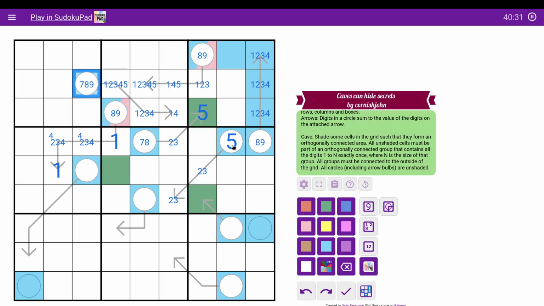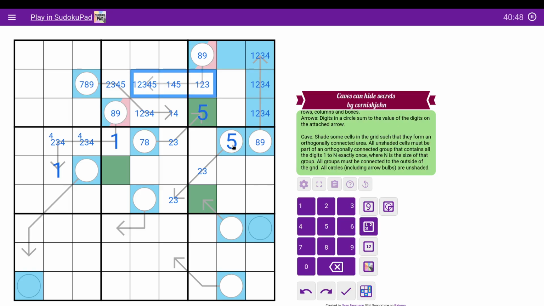This is a 7, 8, 9 triple. If this is an 8, this could be 1, 2, 5 or 1, 3, 4.